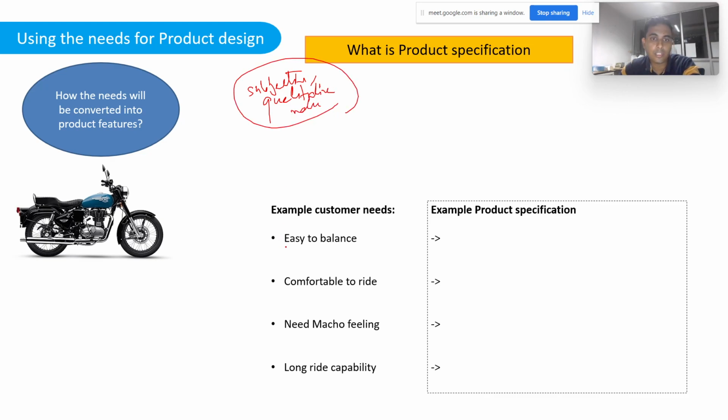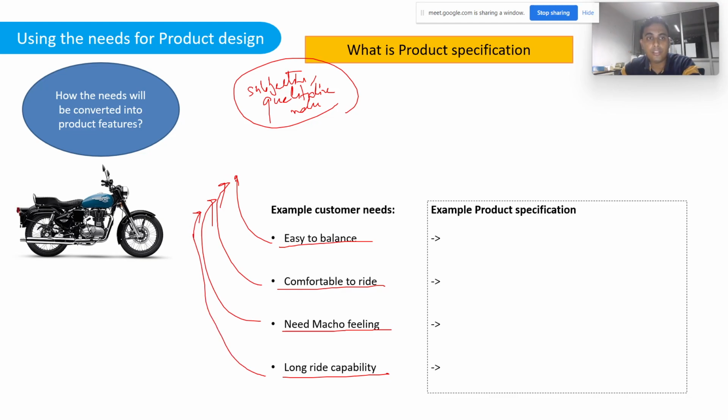For example, someone may say easy to balance, comfortable to ride, macho feeling, long ride capability. But using those needs, you cannot design directly. You need to do something so that these need statements can be used for the design of your product.